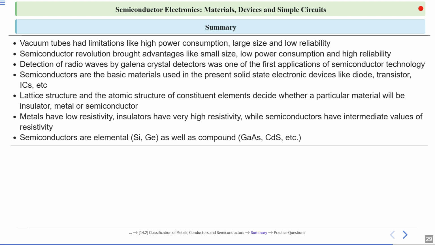Semiconductors can be elemental, that is silicon and germanium, which are pure semiconductor materials, as well as compound. Semiconductor materials can be made up of more than one element, for example gallium arsenide and cadmium sulfide.